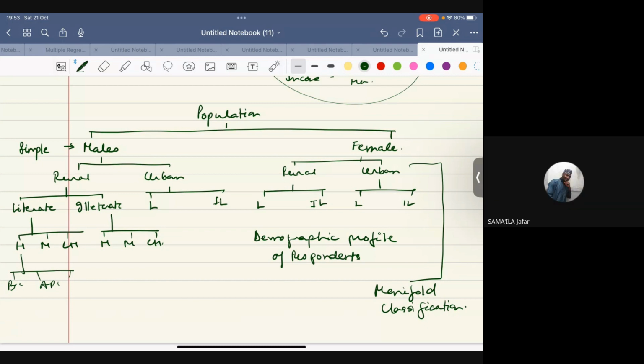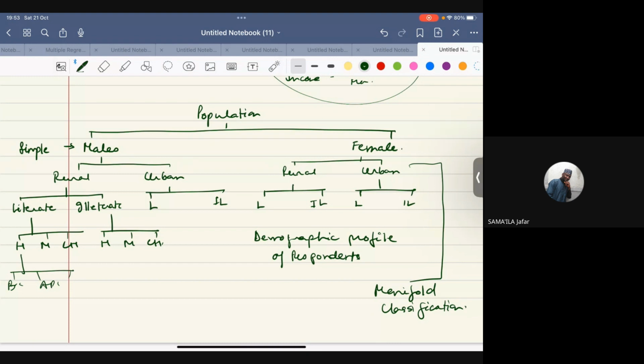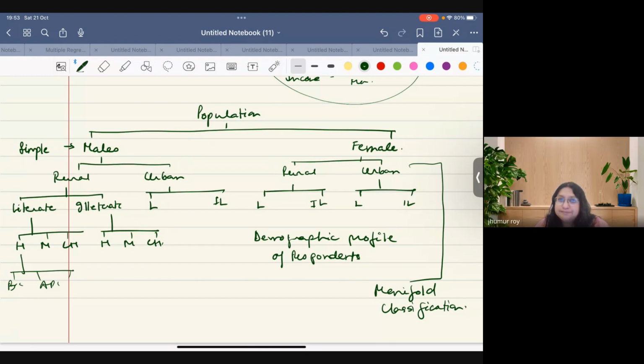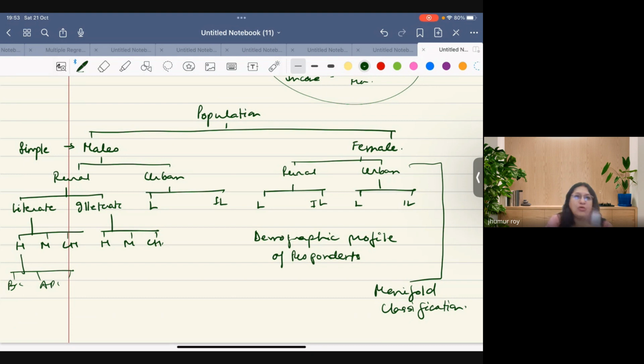Yes, my question is, if that involves male and female, it is simple. So the second one that you say you go down is what I didn't hear well. See, go down means from males, I divided it again into two categories, that is rural, urban. Again, rural category I divided into literate, illiterate.